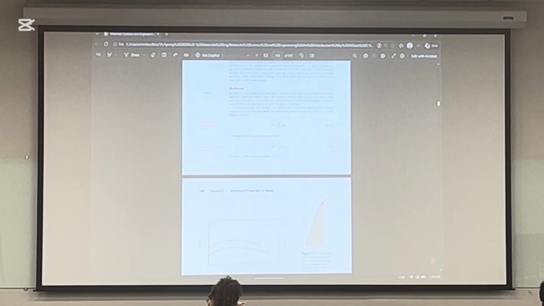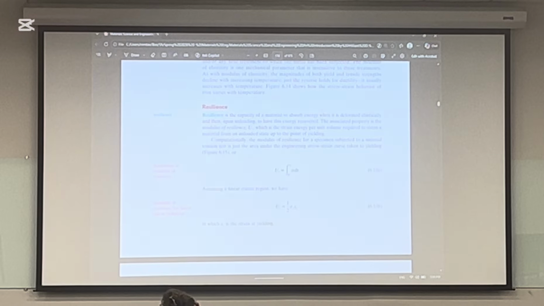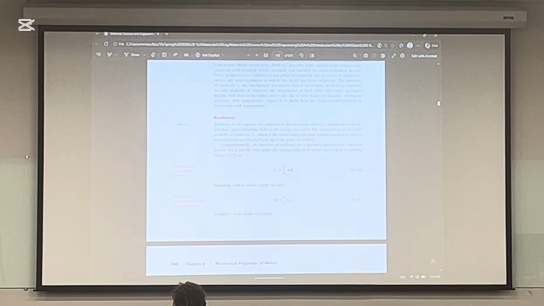Let me show you this, because if you don't know the concept, it doesn't make sense to solve the problem. Okay, so resilience is basically the amount of energy absorbed in the elastic region, right?